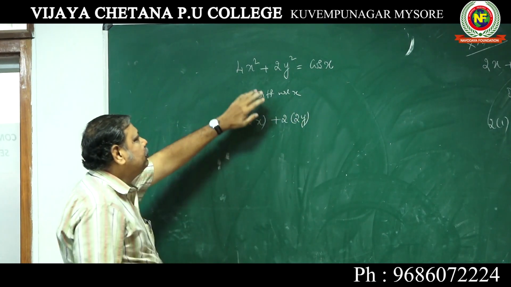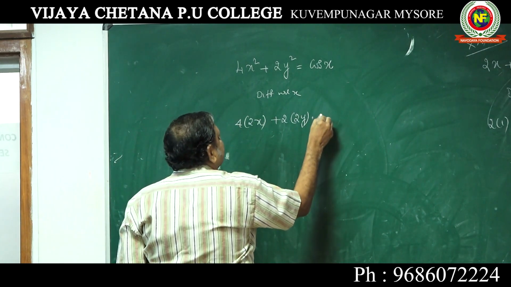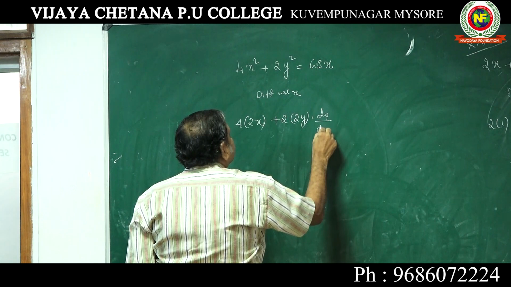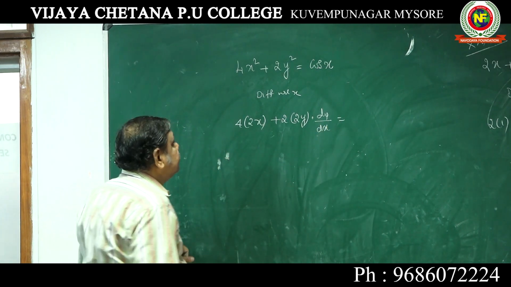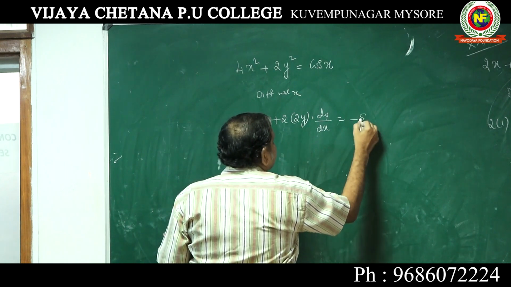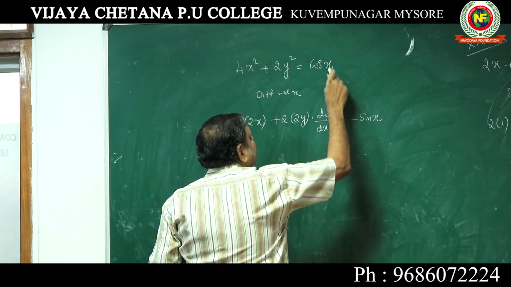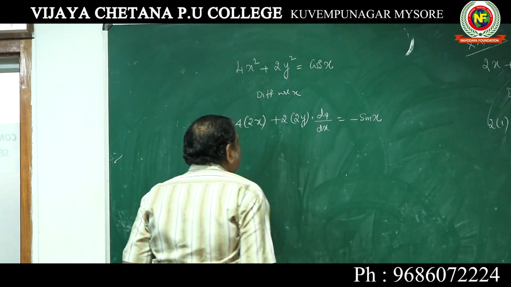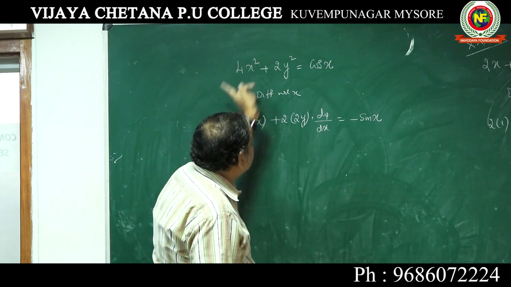Then what should we write? 2 into 2y, then we should write into dy by dx, because it is a y variable. 2y dy by dx is equal to minus sin x. Differentiation of cos x is minus sin x; don't write dy by dx again here, it is an x variable. Now shift this one as it is, this you shift that side.